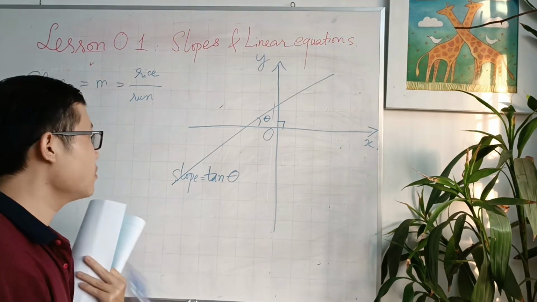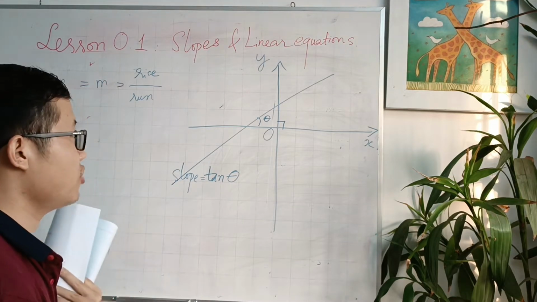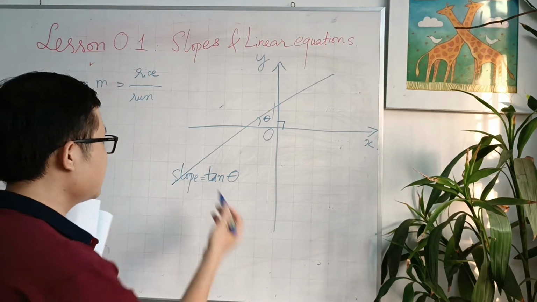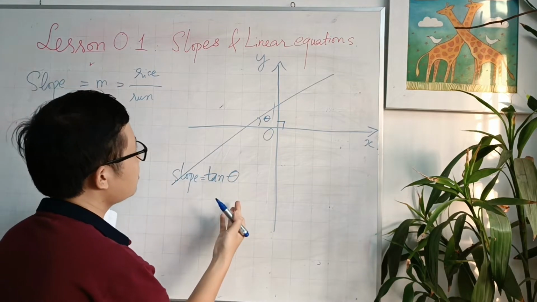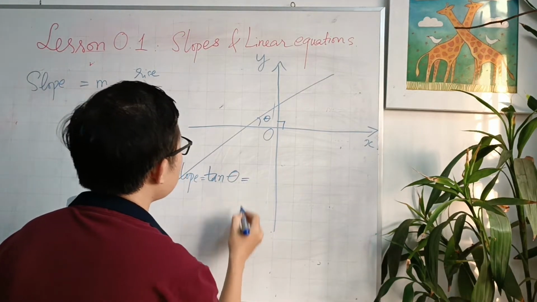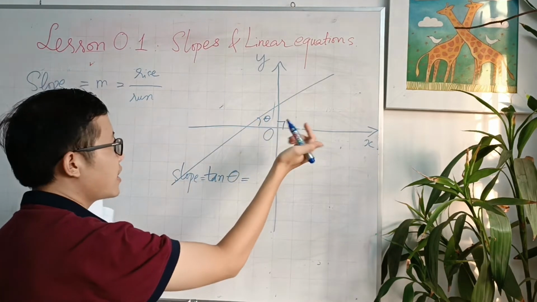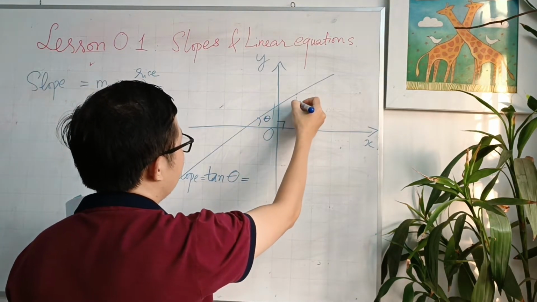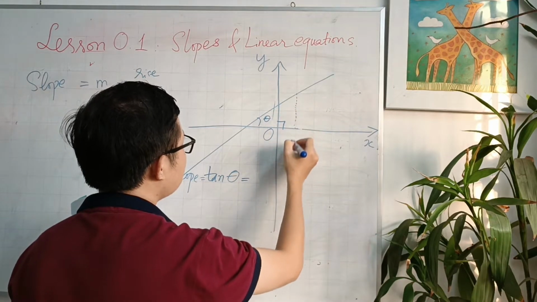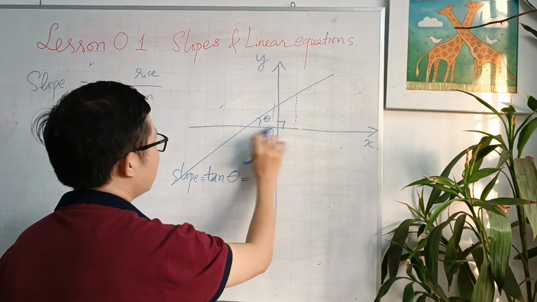I think that you remember the trigonometric formula. The tangent of angle theta equals the rise over run, or we can say the opposite side over the adjacent side.